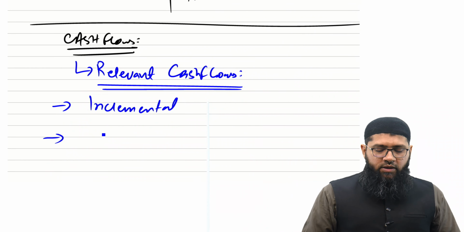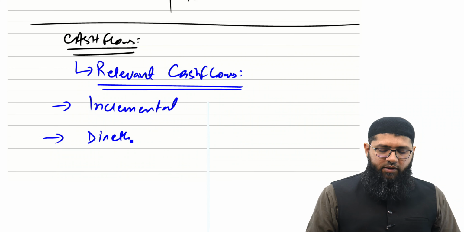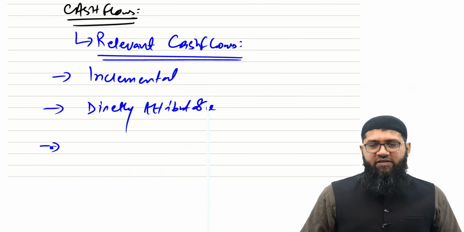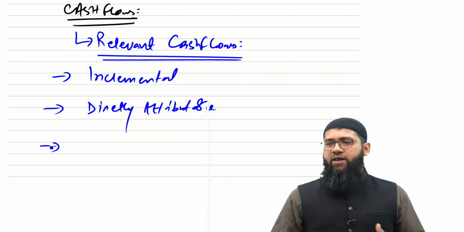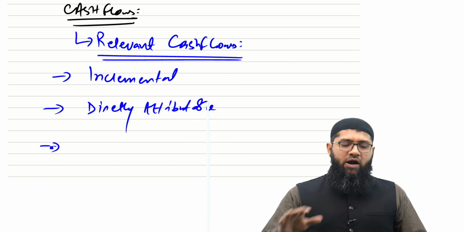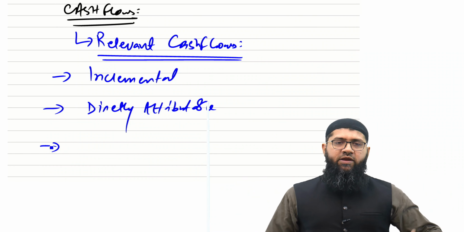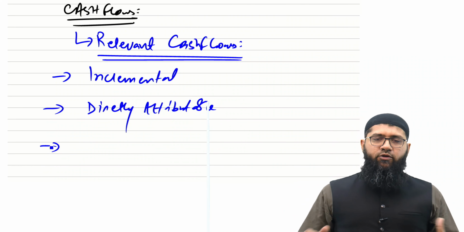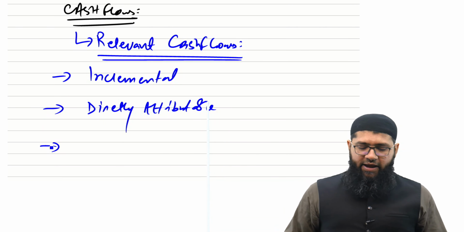Then, in addition to the incremental, they are directly attributable. What do we mean by directly attributable? It means they are arising because of a specific decision. So if you are taking a decision to invest in a capital asset, the machines that you purchase, the materials that you purchase, the labor costs that you incur, they're all going to be considered as directly attributable cash flows.